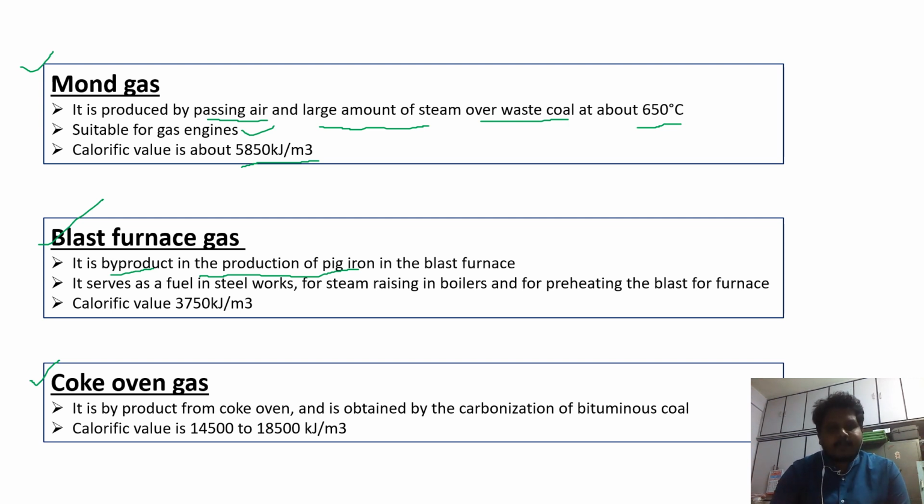It serves as a fuel in steelworks and also for steam raising in boilers and for preheating the blast furnace. The calorific value of blast furnace gas is 3750 kilojoule per meter cube.